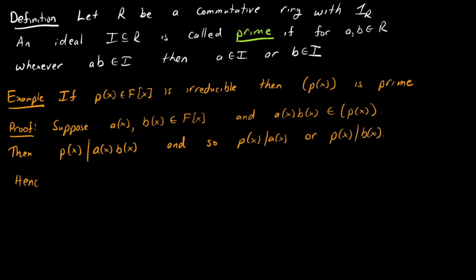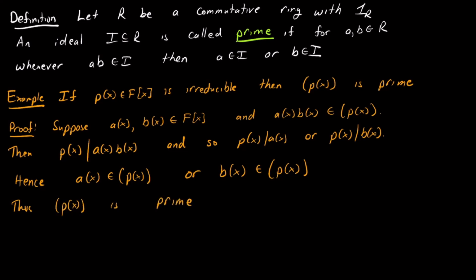Hence, we have that either A of x is a multiple of P of x, so A of x is in the ideal generated by P, or B of x is a polynomial multiple of P of x, so B of x is in the ideal generated by P of x. Thus, the ideal generated by P of x is prime.